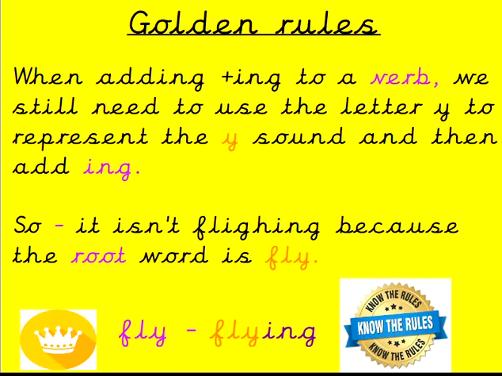There are some golden rules here. So Mrs Gillette has just told you that when you hear I at the end of a word, it's a Y. But in words like flying and trying, where you've taken the verb, the doing word, fly, and added ing to mean it's happening now, the I sound is then not at the end, but you don't change the sound, you just add ing.